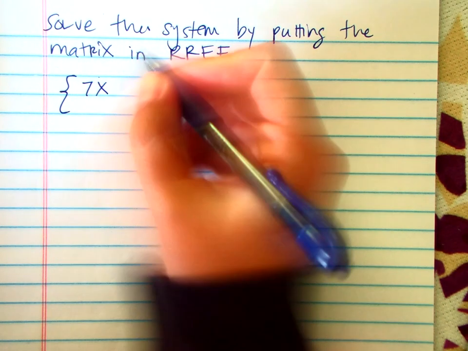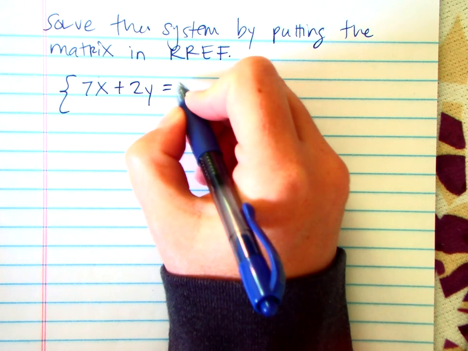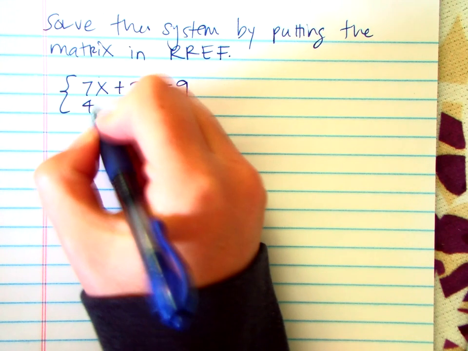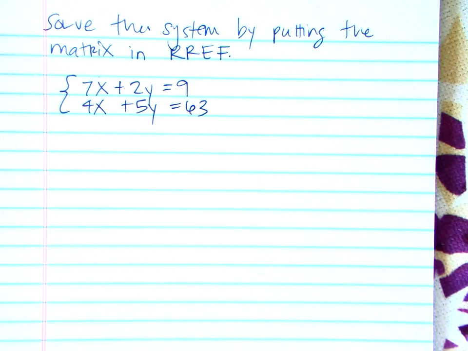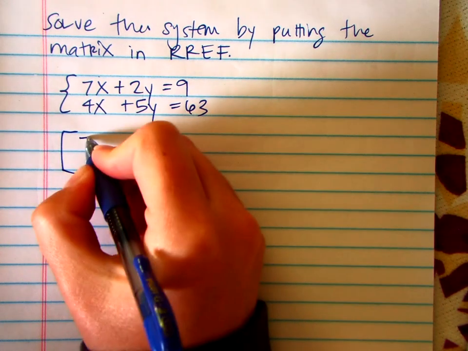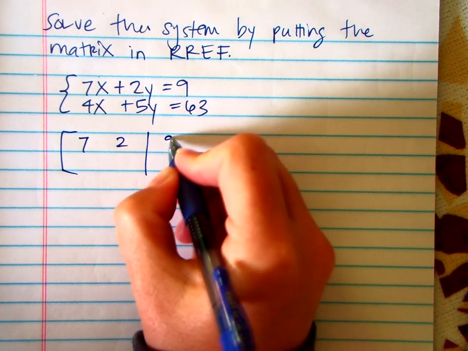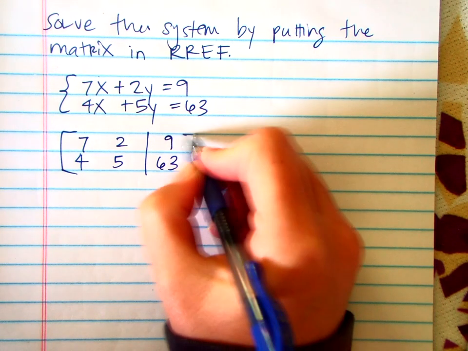Since we haven't done one yet, I'm going to do a 2-variable system and show you what the difference is. The first thing we're going to do is put this in an augmented matrix. 7, 2, 9, 4, 5, 63.